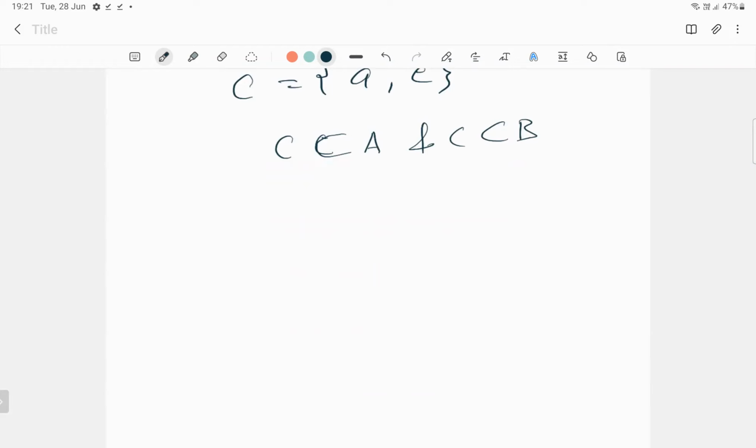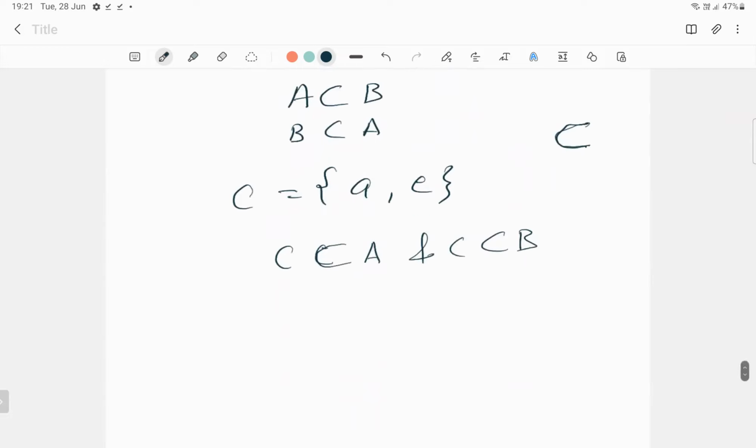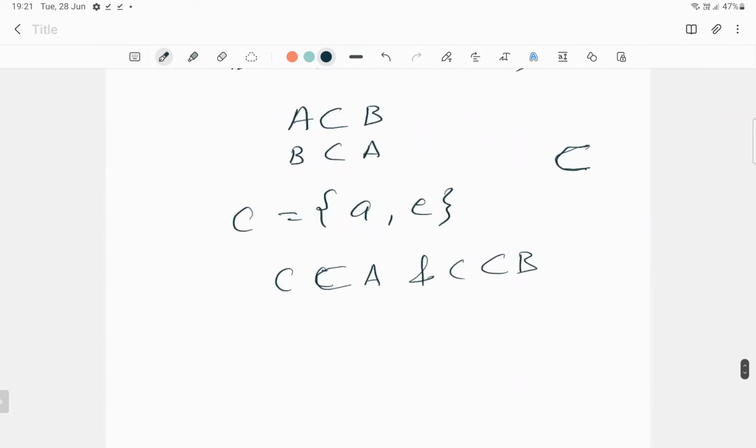In terms of Venn diagram, first, let's understand what the universal set is. Equal sets, you understood, no? All elements must be equal.